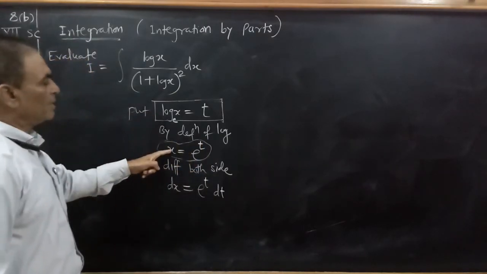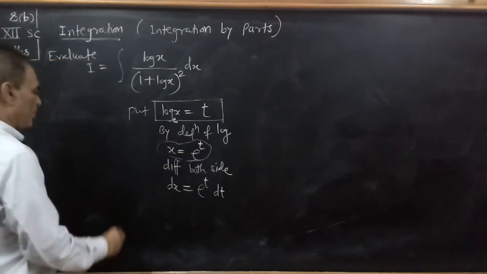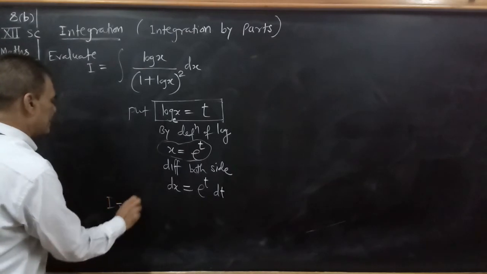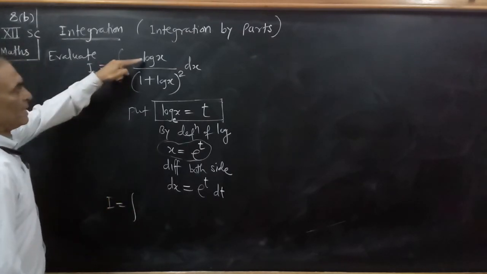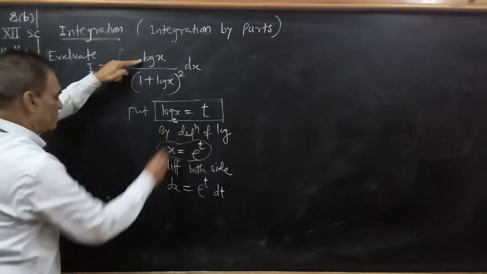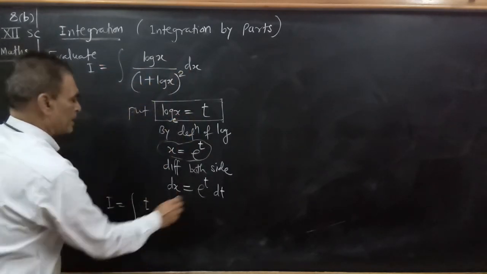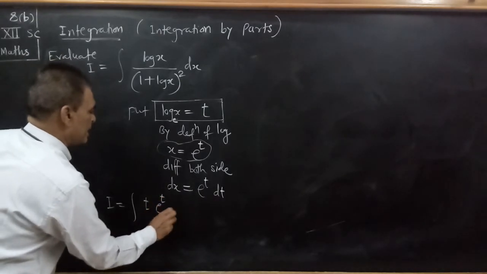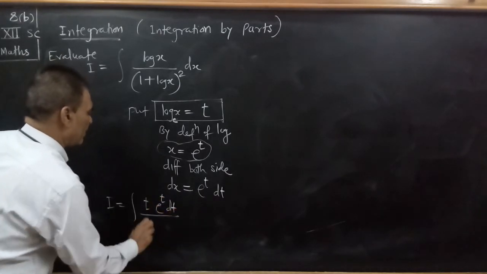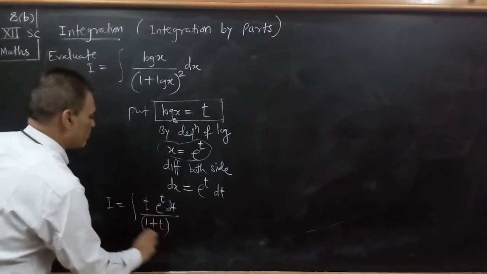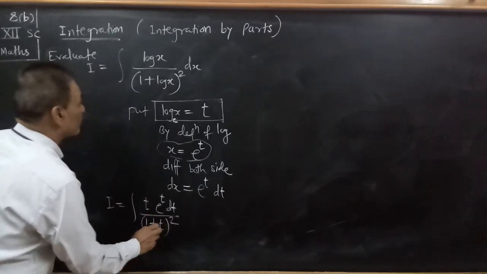Means our question I is nothing but, what is the value of log x? Log x is nothing but t. What is the value of dx? Dx is nothing but e raised to t dt. And what about the denominator? 1 plus t whole bracket square. 1 plus log x means t, bracket square.